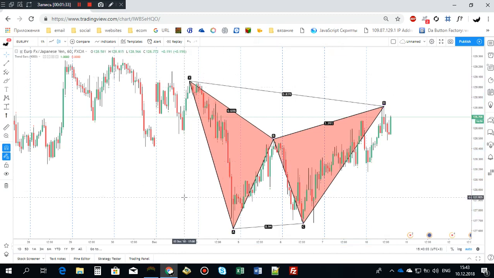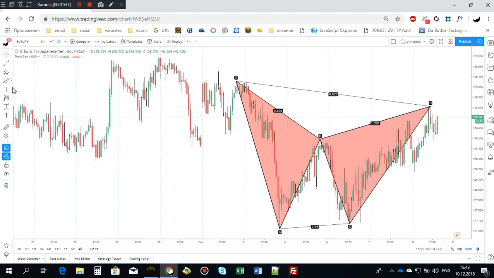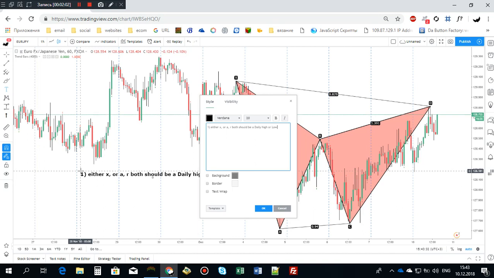Okay, let's talk about the guidelines. Guideline number 1. It is very simple. Either X or A or both should be a daily high or low.